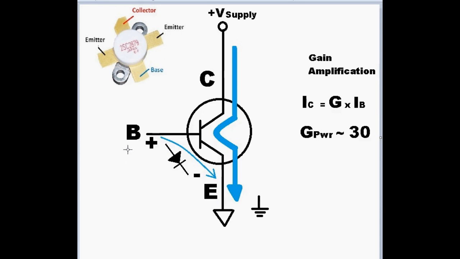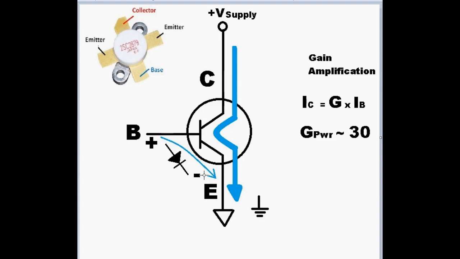So a transistor of this type behaves as a diode from the base to the emitter. And the way it works, we just covered the diode before. If there's a positive voltage on the anode compared to the cathode, so the base to the emitter, if that voltage is positive, as shown by the plus and minus, we will get positive flow into the transistor, as shown by this light blue arrow right here.